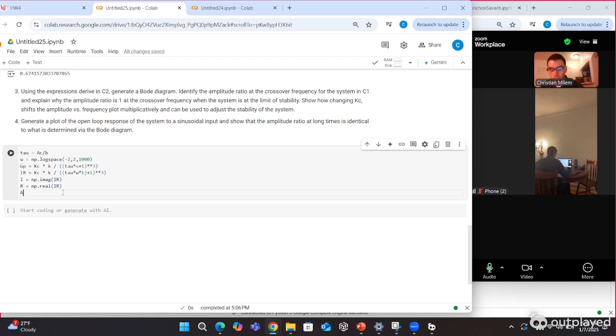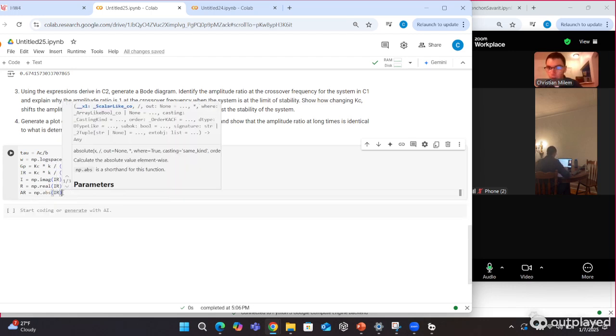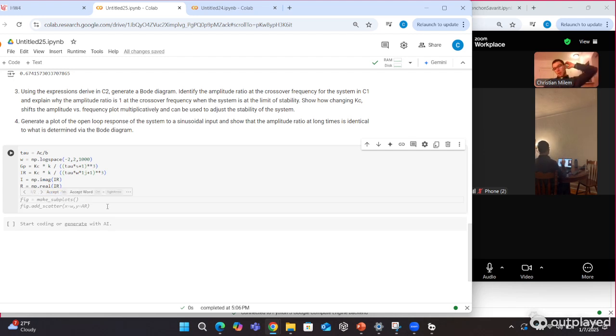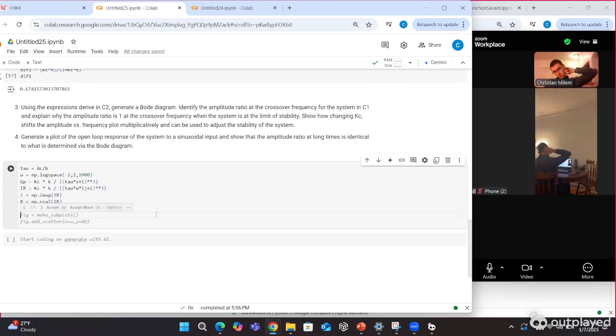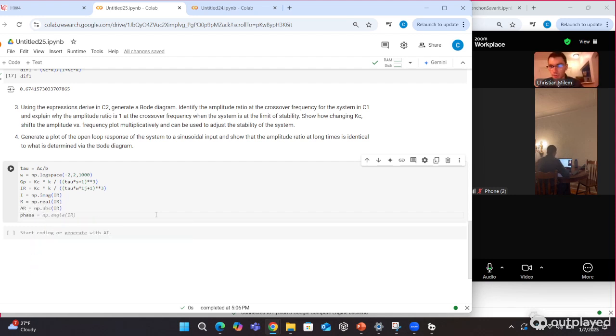Our amplitude ratio is, like we defined earlier, the absolute value of our two values, which is simply going to be np dot absolute IR. And then we have the phase, which is that phi or omega value. I'm not exactly sure which one that is. That's going to be np dot unwrap.